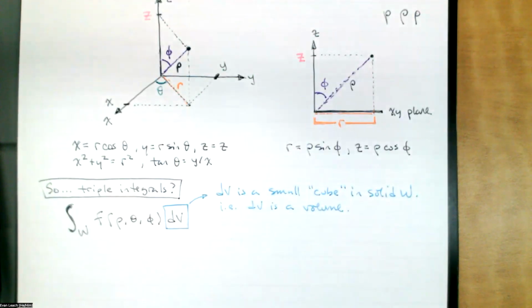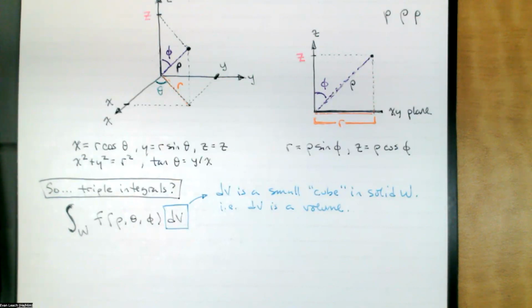We're thinking of dV as a volume, the same way we thought of dA as an area, the same way we thought of dx as a length. Our normal strategy is to make an iterated integral and break dV up into dx, dy, and dz.